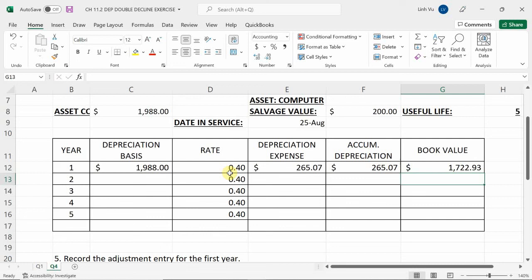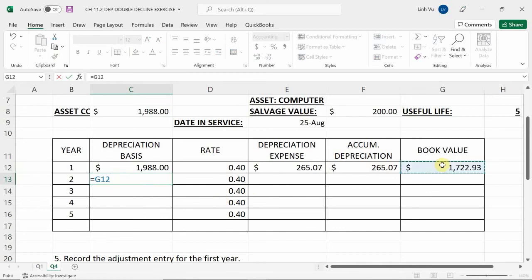Right. So what's my book value going to be for year 2? Or in this case, what's my depreciation basis for year 2? 1722.93. And carry it over. Okay. So what's 40% of that? Now, this case, you're going to be depreciating it for a full year now because now that you depreciated for 3 months or for 4 months, so now you're going to actually depreciating it starting January all the way to December. So in this case, for a full year.